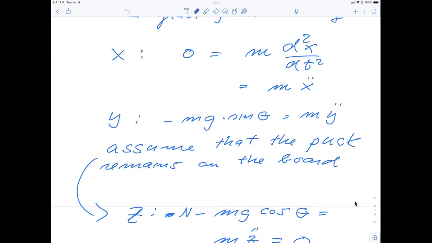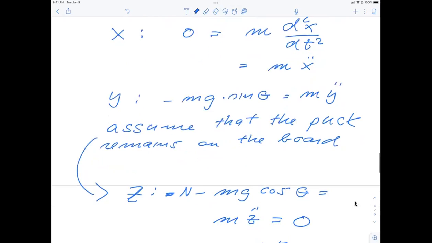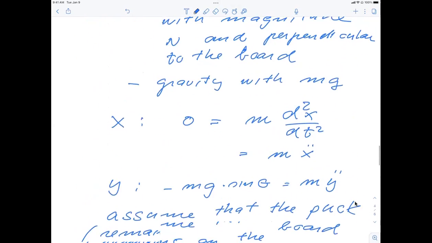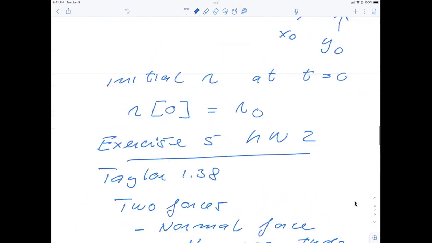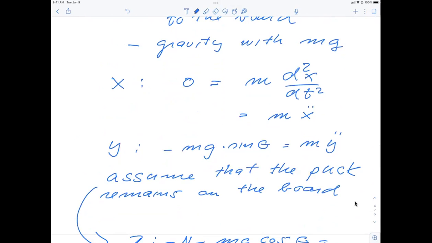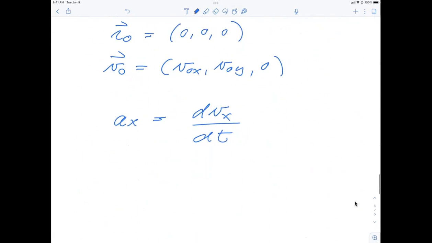Let me put down the equations. The acceleration in the x direction is given by dvx/dt, and we assumed that the force in the x direction is equal to 0. So there is no acceleration.